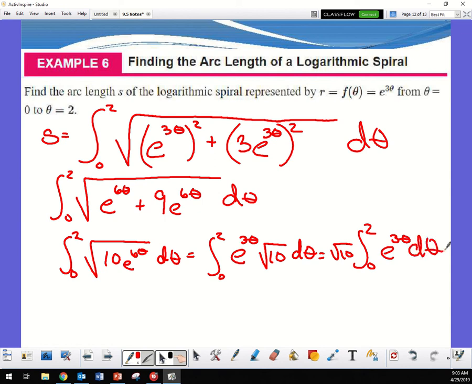Now that I have that, let's do the integration. Integration of e to the 3 theta is 1/3 e to the 3 theta. So it's going to be rad 10, bracket, 1/3 e to the 3 theta from 0 to 2.